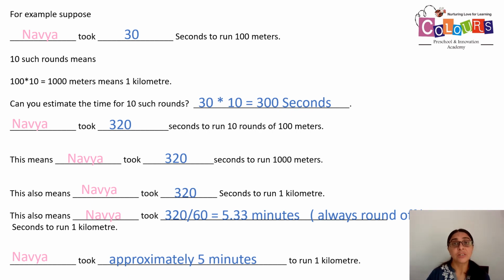Now we will also teach children to convert this 320 seconds into minutes. So we know the formula that you take the seconds and divide by 60, that will convert it into minutes. But how about doing it also in a very simplified way?